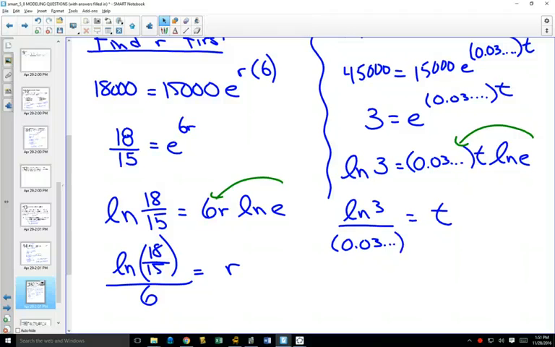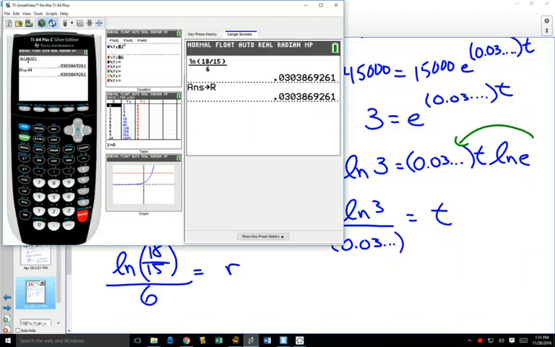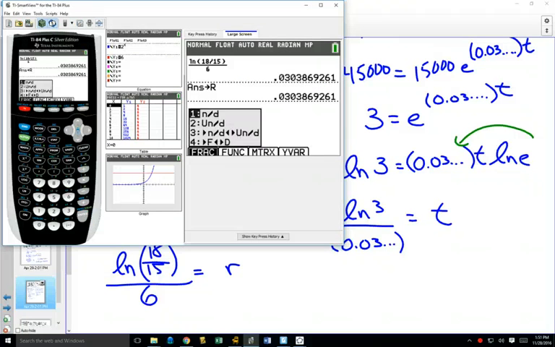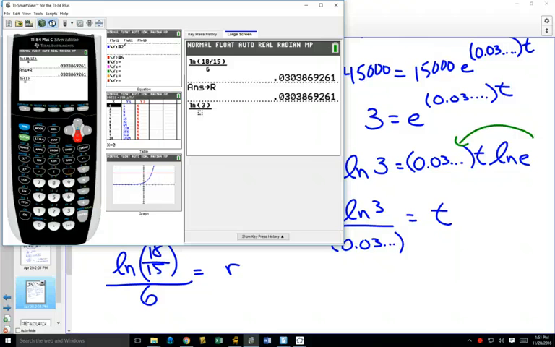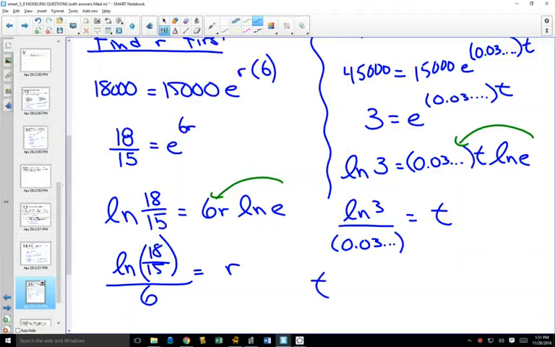So I can go to my calculator. I can write natural log of 3 in the top of my fraction divided by, and I can steal r from before and get 36.15 years. You got 36.6.